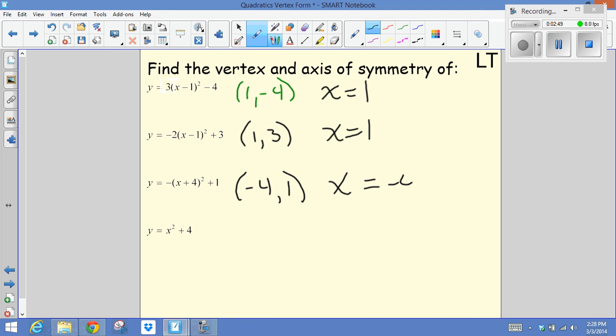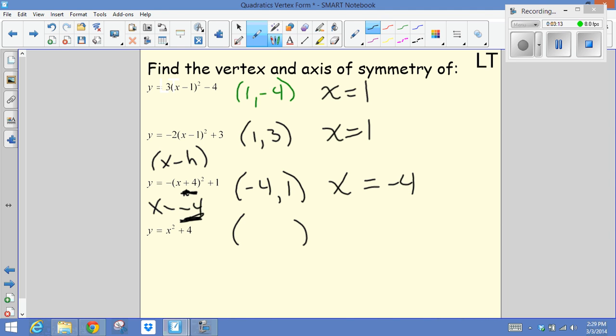Now, this one I did make a negative, but it says positive because, again, remember the formula says x minus h. So in order for that to fit my form, I would have to write x minus -4. And since two negatives make a positive, we simplify it to that, but then we know that that's really a -4 for my h value. So it's (-4, 1).